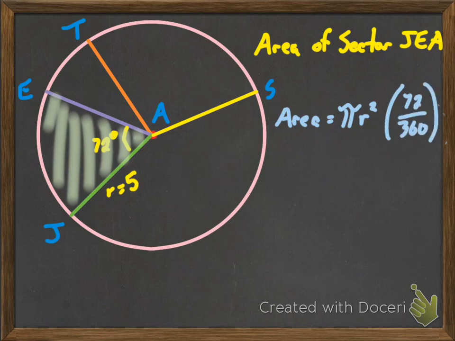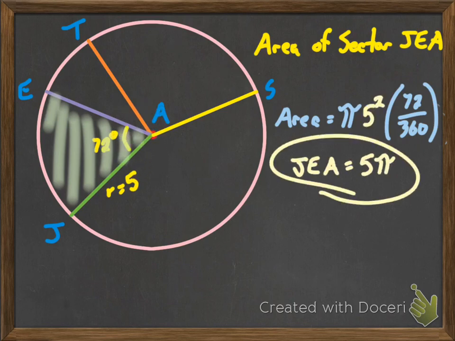So I'm going to multiply the entire area by this fraction, 72 over 360. That's 72 degrees of the entire 360. I'm just going to replace that r with 5, and that's going to give me pi times 5 squared. And if I multiply this all out and plug it into my calculator, I get that the area of this sector happens to be 5 pi.